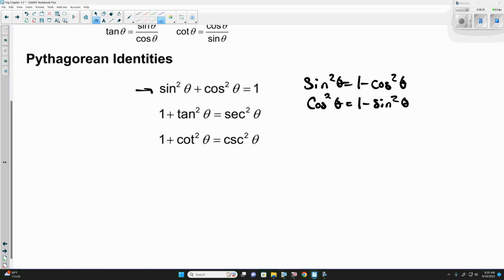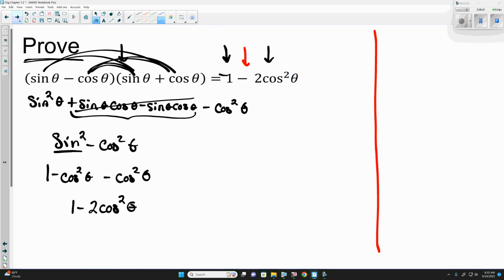On the other side, we also have that tangent squared of theta is equal to secant squared of theta minus 1, or that cotangent squared of theta is equal to cosecant squared of theta minus 1. I can manipulate these so that I get something that I want to actually work with or that is helpful to use.